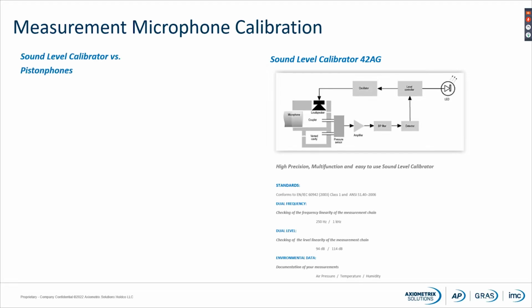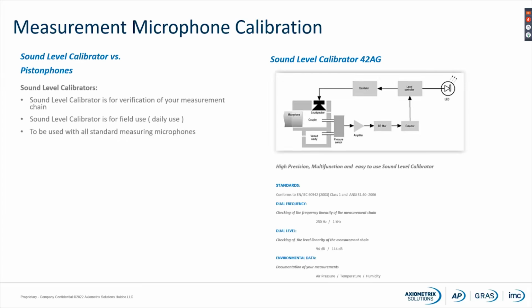If we compare the sound level calibrator up against a piston phone, let's first have a look at the sound calibrator. The sound calibrator is for verification of your measurement chain. So a sound calibrator is a verification instrument. It is for field use, for daily use, to be used with all standard measurement microphones.